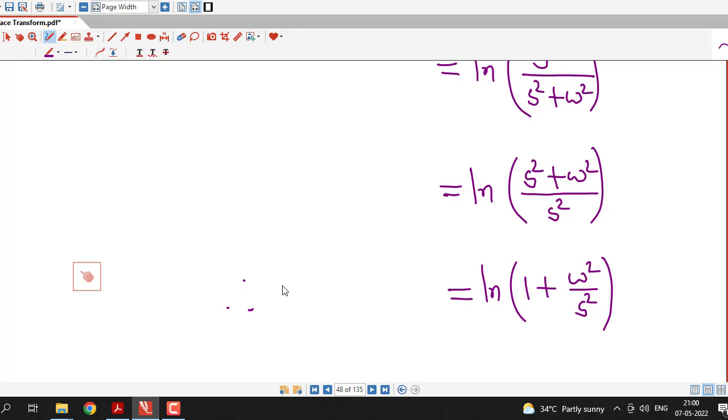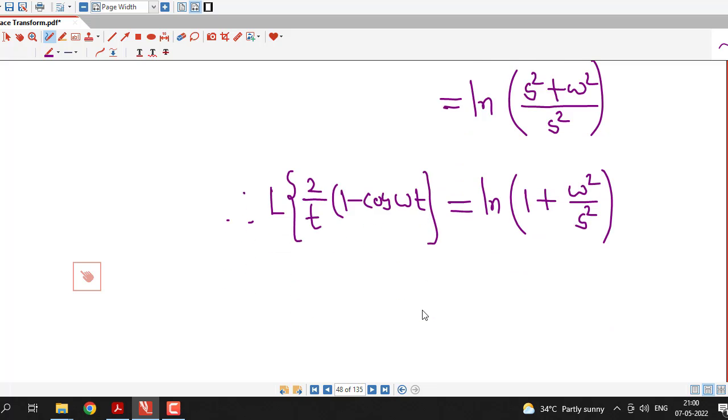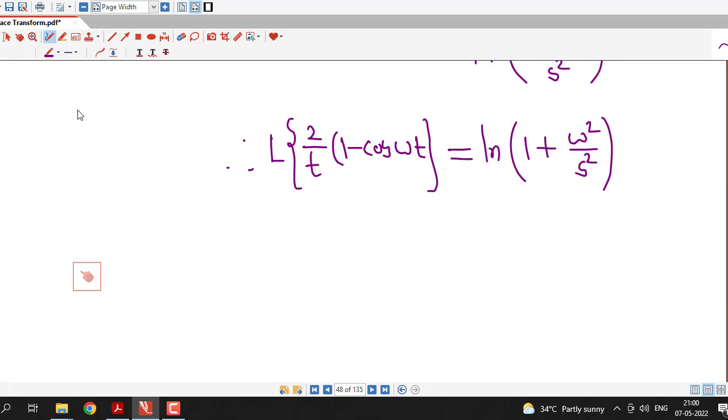So finally this is our Laplace transform of 2 by t times 1 minus cos omega t, and we obtained this using the formula for division of f of t by t.